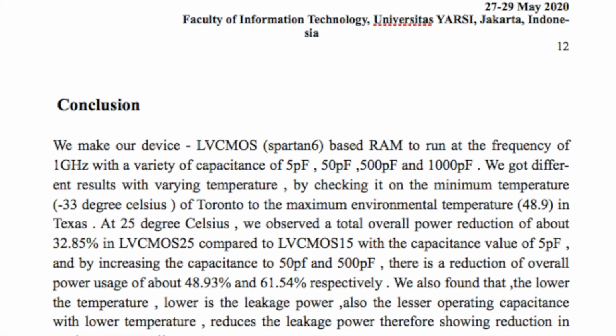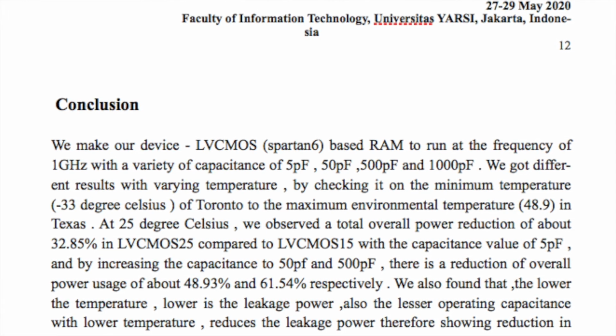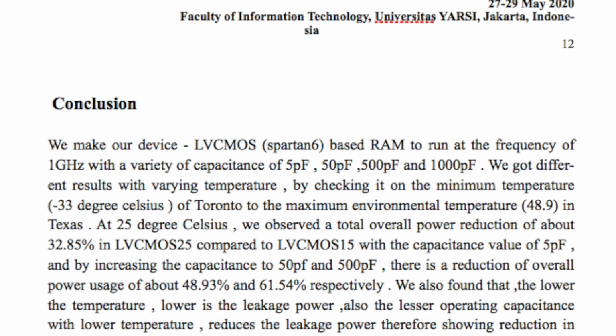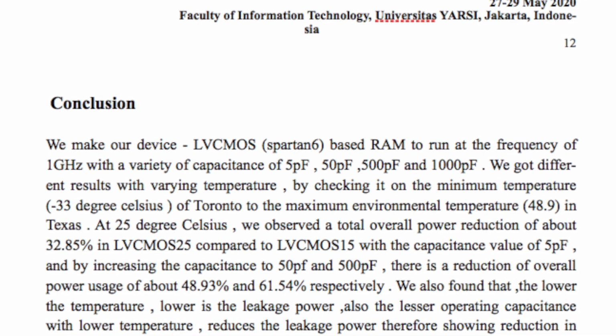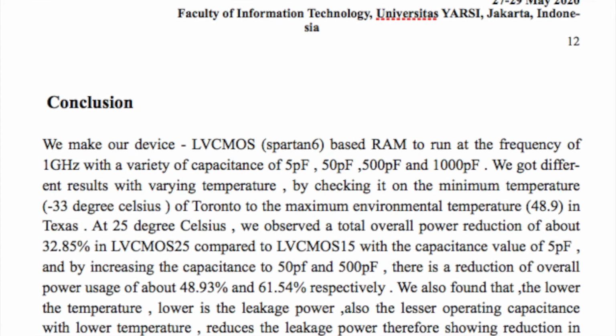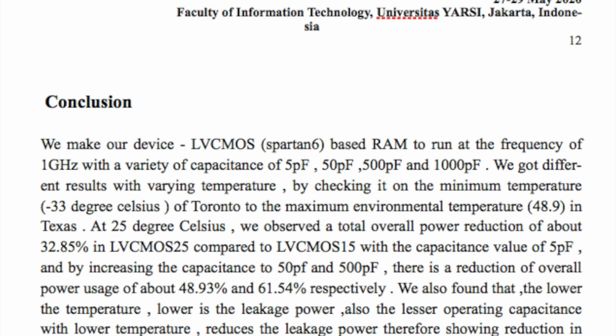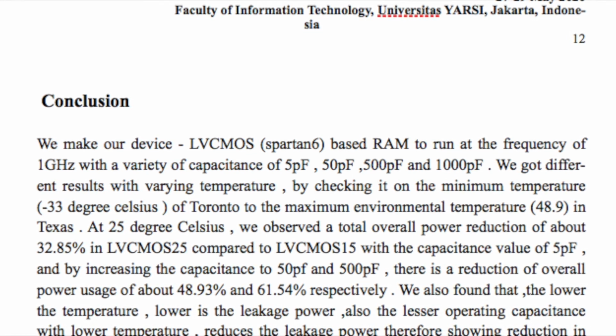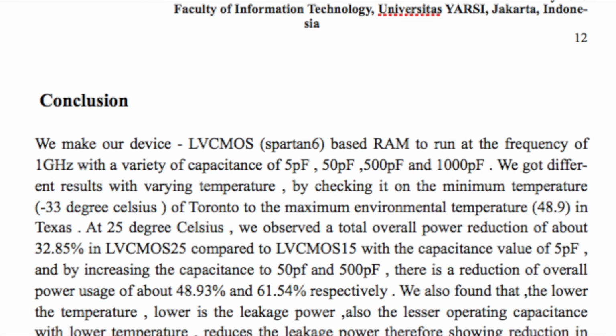At 50 picofarad, there is a power reduction of 48.90%, and at 500 picofarad, it is 61.54%. Hence, the lower the temperature, the lower the leakage power. Also, with lesser capacitance along with low temperature, there is total power reduction.